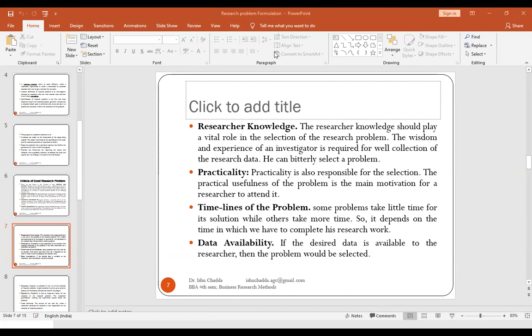Data availability: if the desired data is available to the researcher, the problem would be selected. There must be certain problems for which data is clearly available to the researcher. So one has to be focused on the originality of the research, clarity, interest, importance and applicability of the research, feasibility with the researcher's abilities, and the cost and time available for the research.